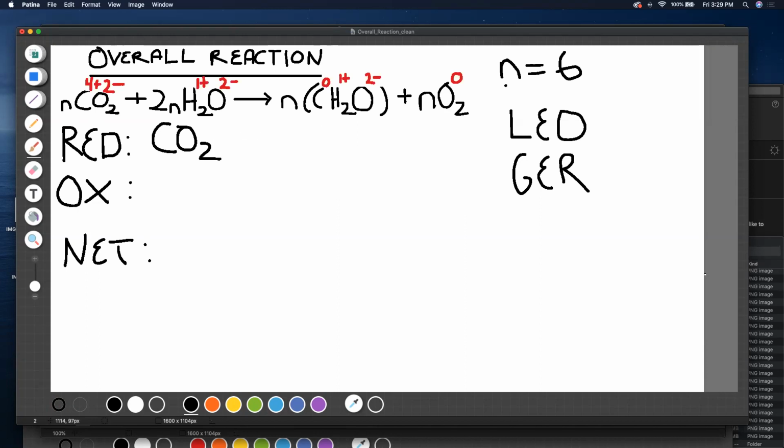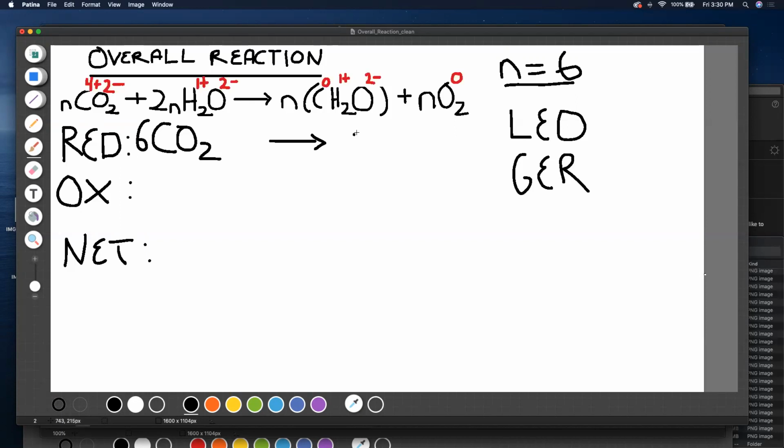And we're going to be using an N of 6. So N is basically the number of molecules that would be used. And if there's a 2N, then you would just multiply 2 times N to get 12. And we'll worry about that later. So we have carbon dioxide on this side because the carbon is being reduced.